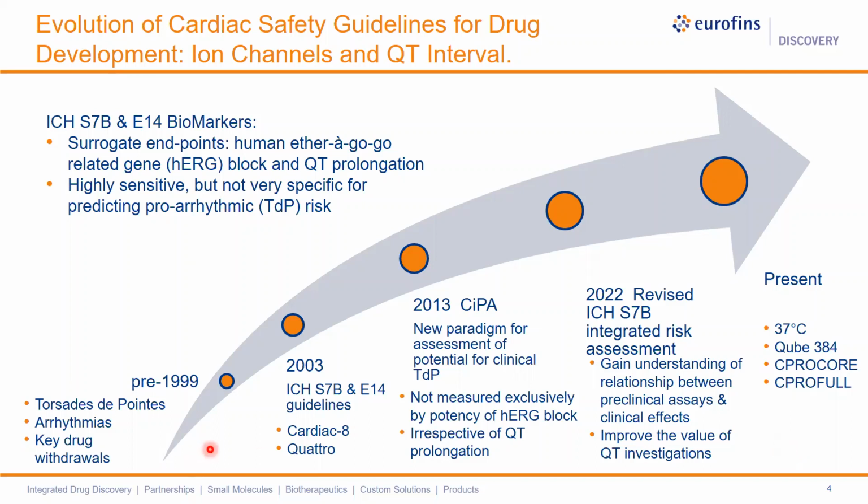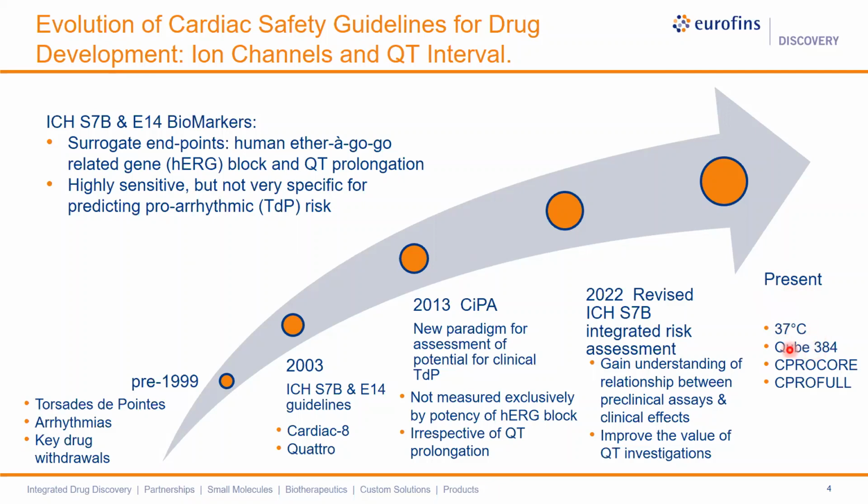With that, there came a question: the preclinical ion channel assays are done at room temperature, so we need to focus on doing them at physiologic temperature, 37 degrees Celsius. That is the guideline right now: assay all the ion channels at 37.